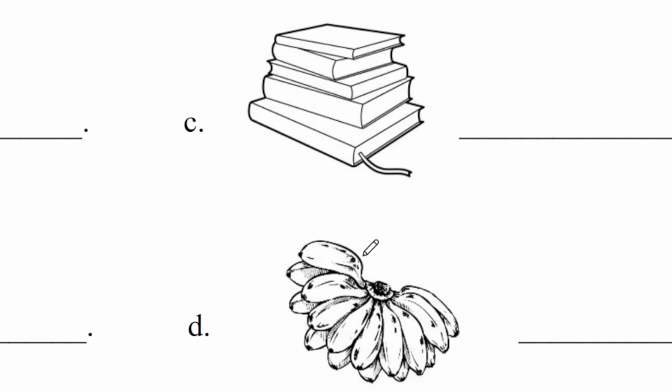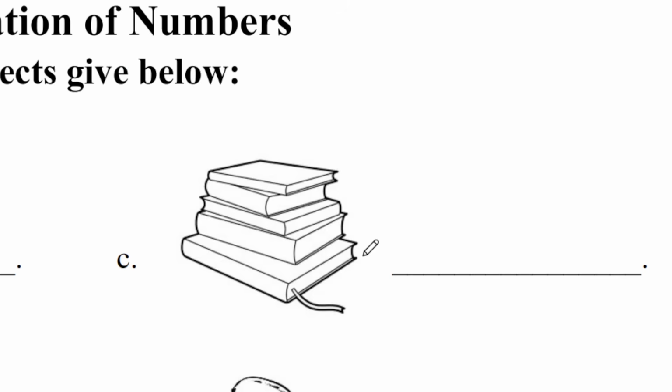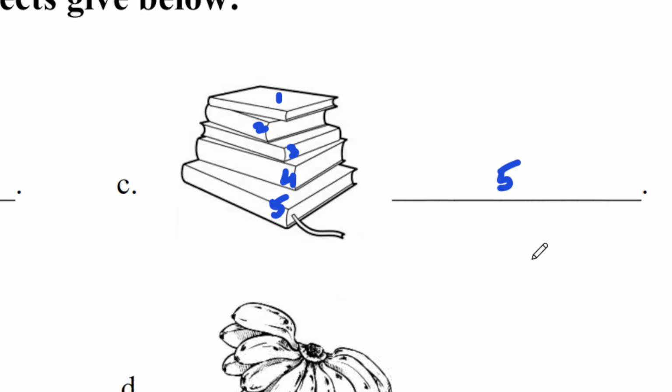Okay. Next we have some books. So we have 1, 2, 3, 4 and 5. 5 books. And bananas.